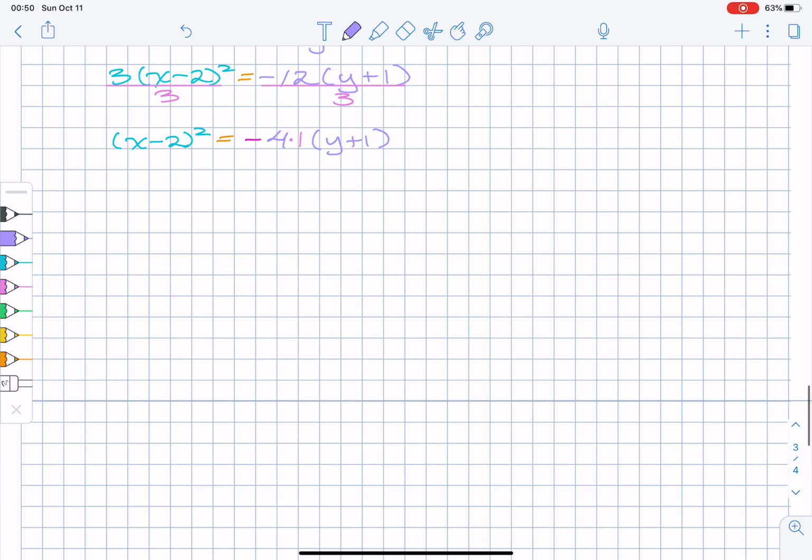Okay, finally, I can read what we have. The vertex, I claim, is going to be at positive 2 comma negative 1. I claim that 4p is 4 times 1, which means that p is 1.